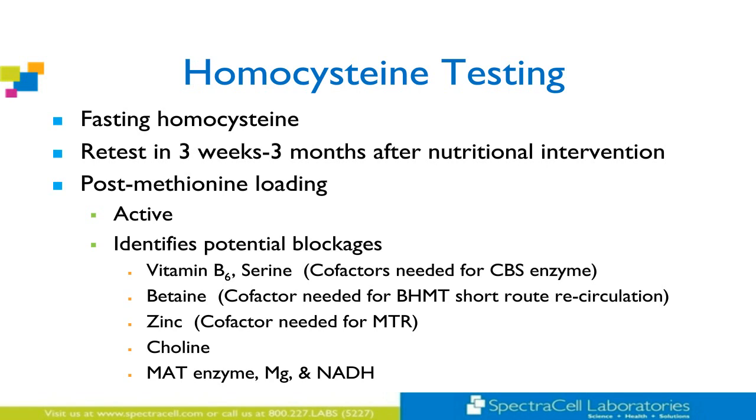Homocysteine should elevate markedly, then should come through the pathway and be decreased. If it is elevated markedly, we need to be looking at some of these potential blockages. Is there enough B6 to bring it down the transsulfuration pathway by the CBS enzyme, or is the short route working? Is there enough zinc to get through MTR, etc.?